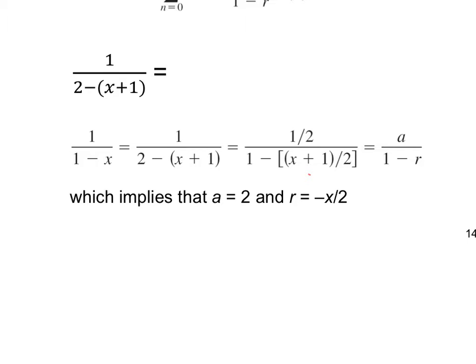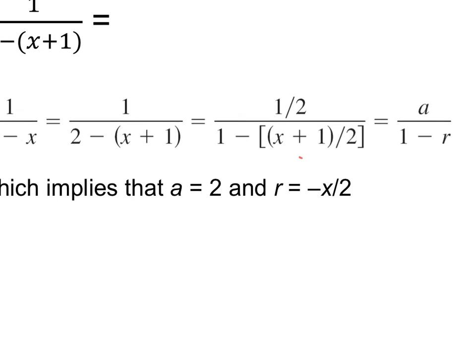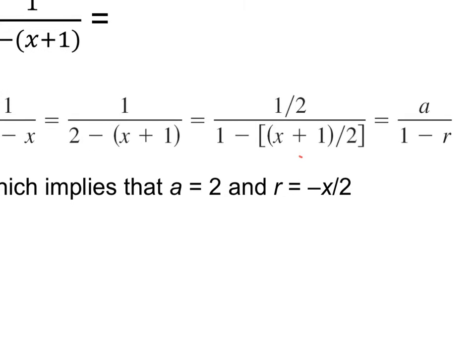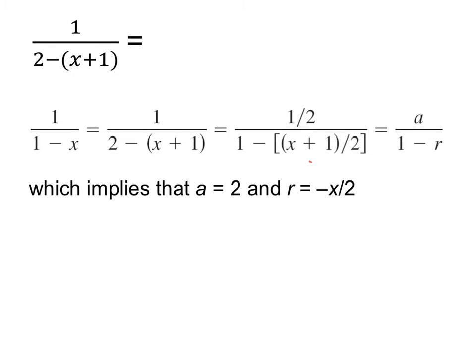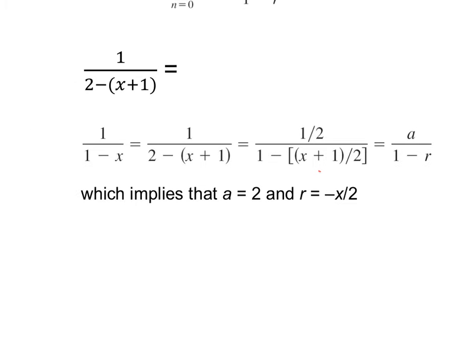I have R is, did I? A is, I don't know, my A sub 1, obviously, well, I called it A here.